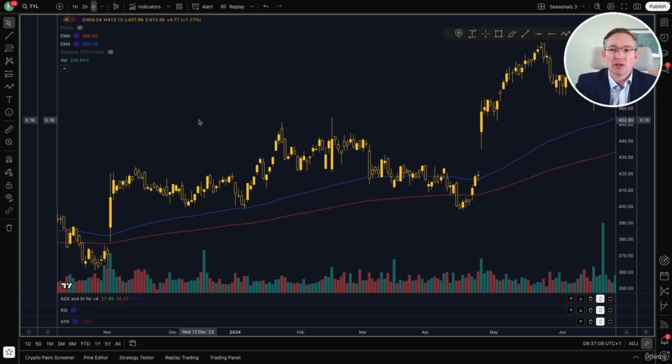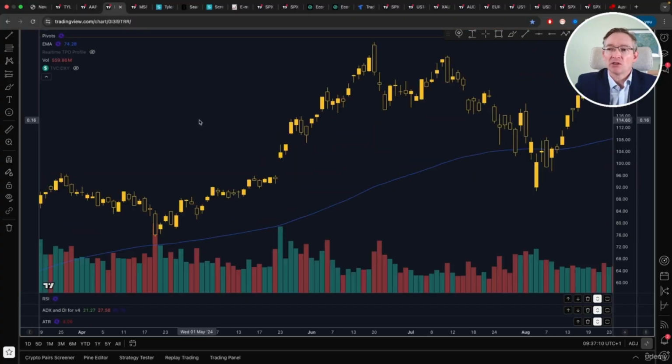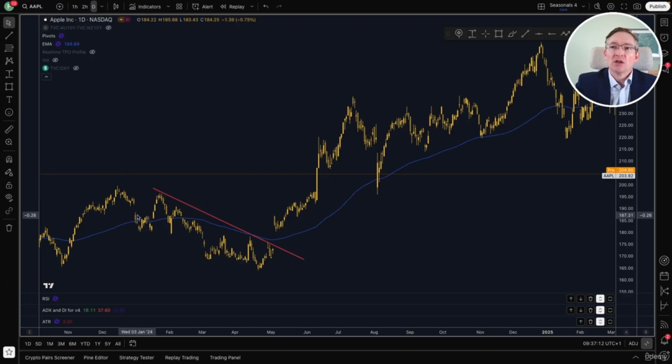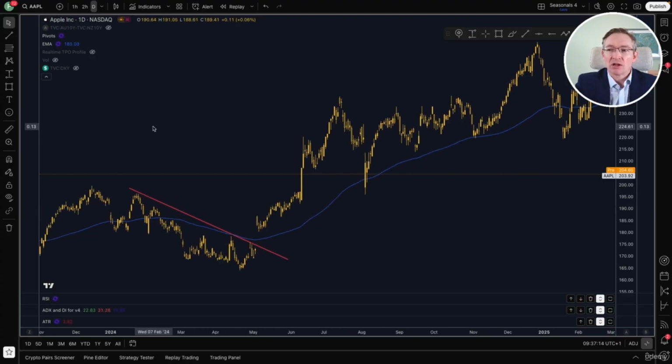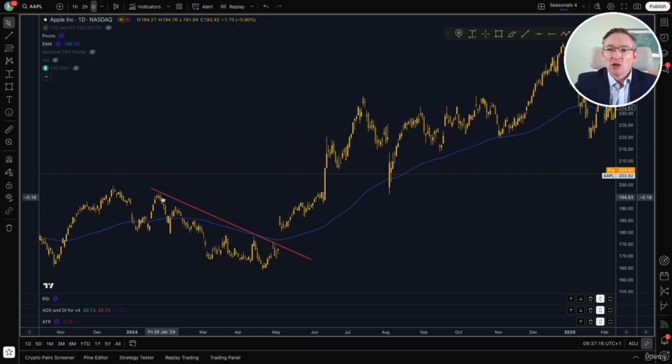It's a breakaway gap. I'm going to show you one very simple example here, but this applies to all chart patterns. So if you take a look here at Apple stock, let's say you are looking at this trend line from January 2024 through to April 2024. You notice, okay, it's got 1 touch, 2 touches, 3 touches.